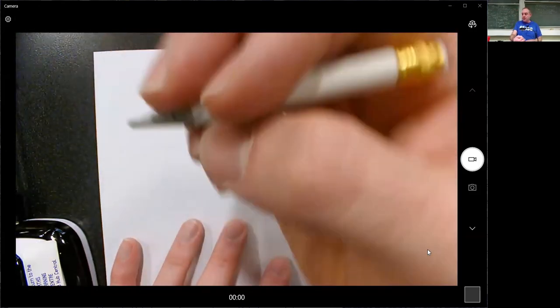So this example is taken from the course notes.